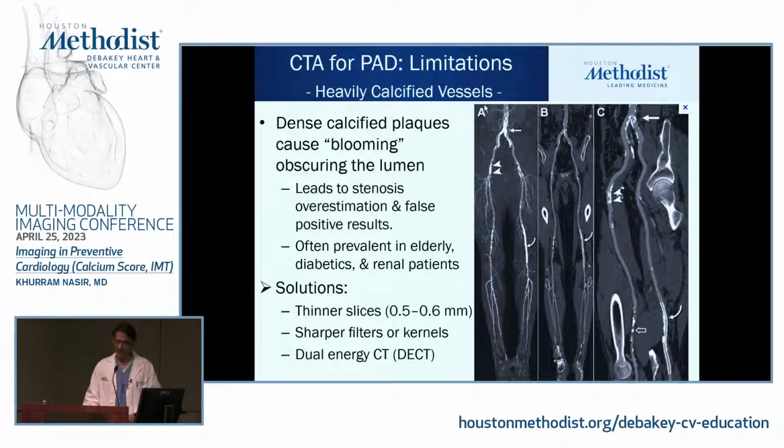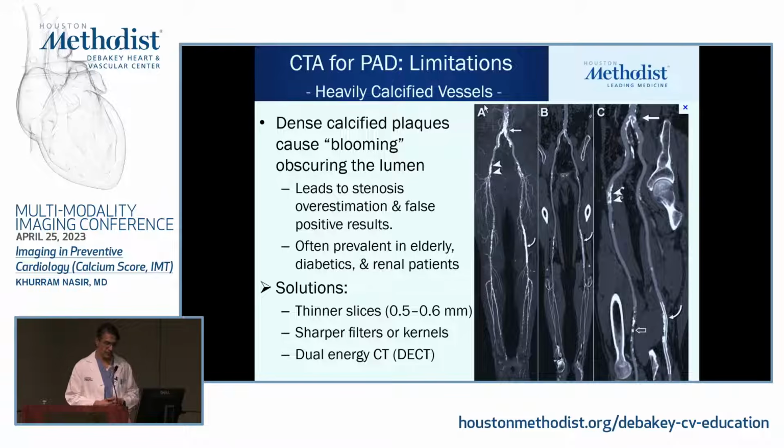Where does CT have problems? Well, CT, just like in the coronary space, has problems with a lot of calcium. And the calcium, it turns out, is a blessing on one end and also a nuisance on the other end. We'll start off with the blessing. It helps the interventionalist.